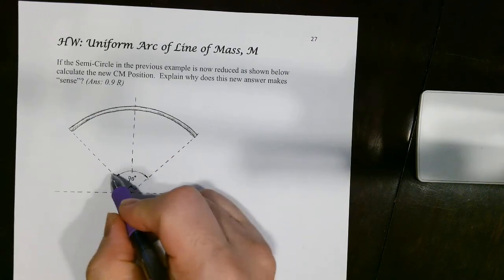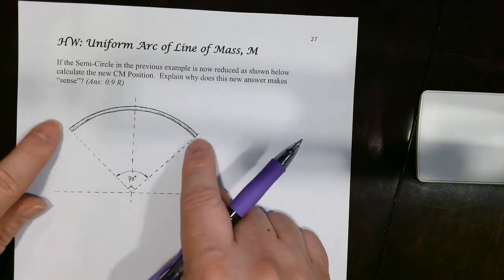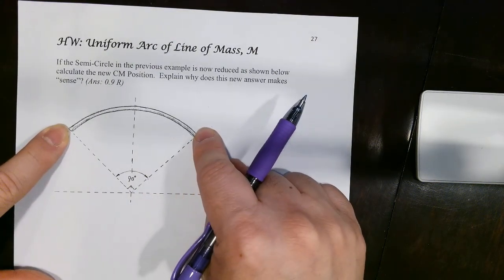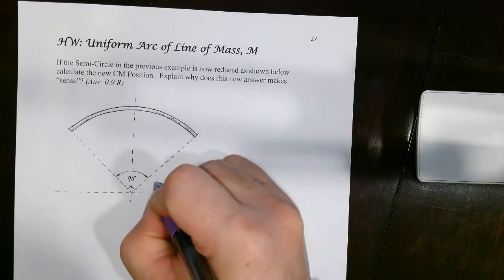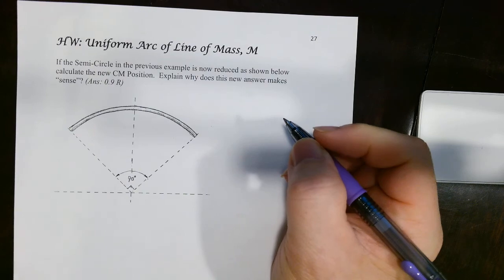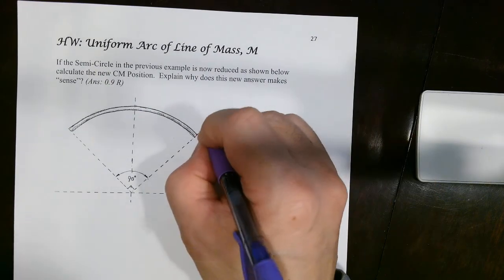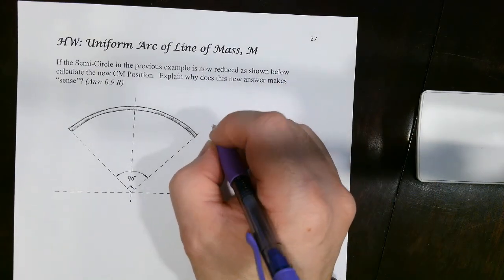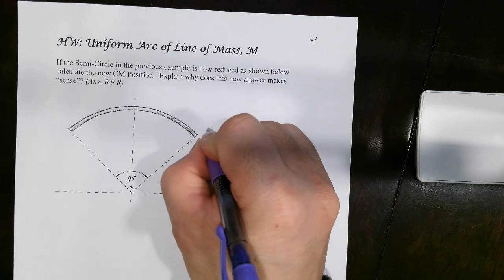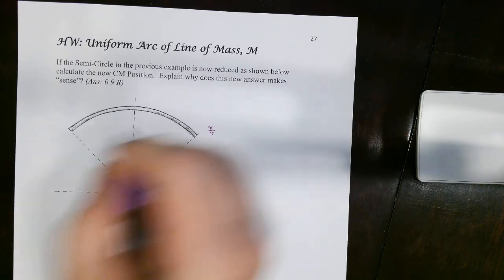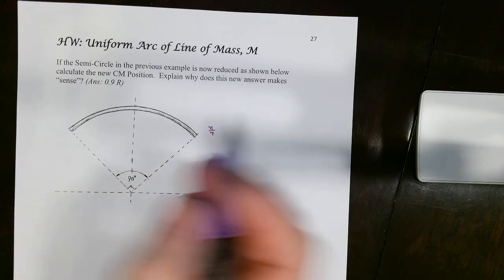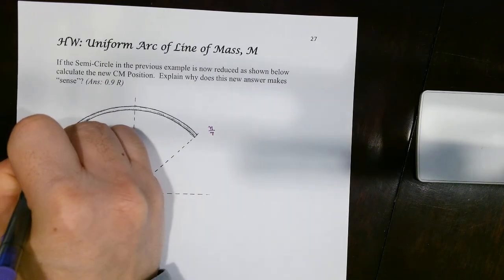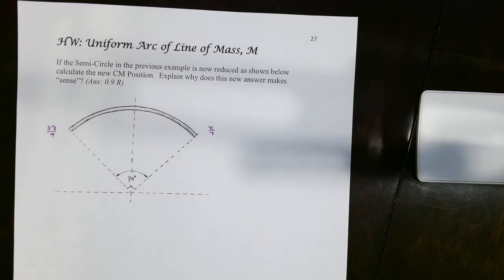So if this is 90 degrees here, then this is 45 and this is 45. Okay, so this is pi over 4 to 3 pi over 4, right?